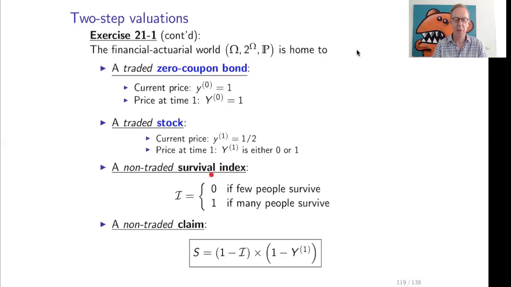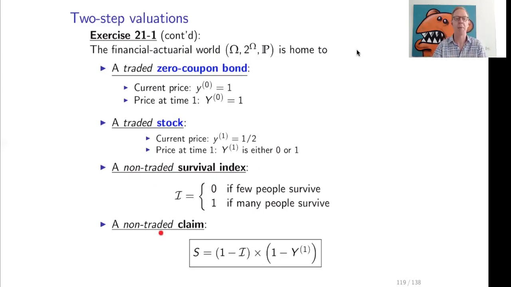Then there is another claim in which we are interested, which for the moment is not traded: the survival index. The survival index I can take the values 0 or 1 at time 1. It will be 0 in case few people survive, and 1 in case many people of a given population survive.